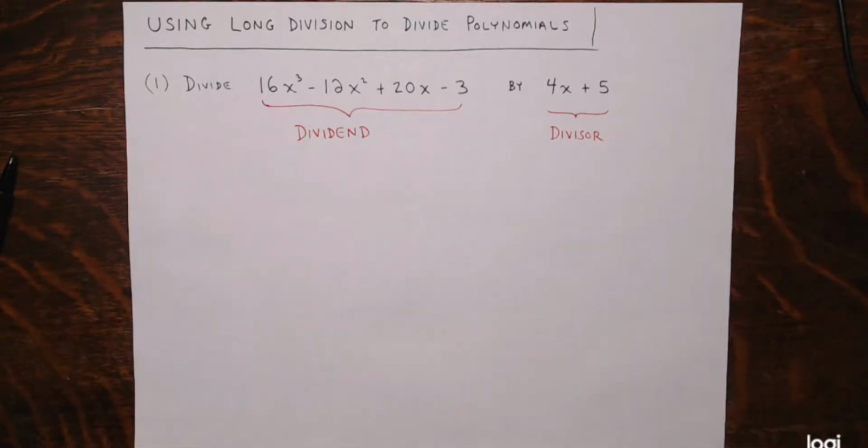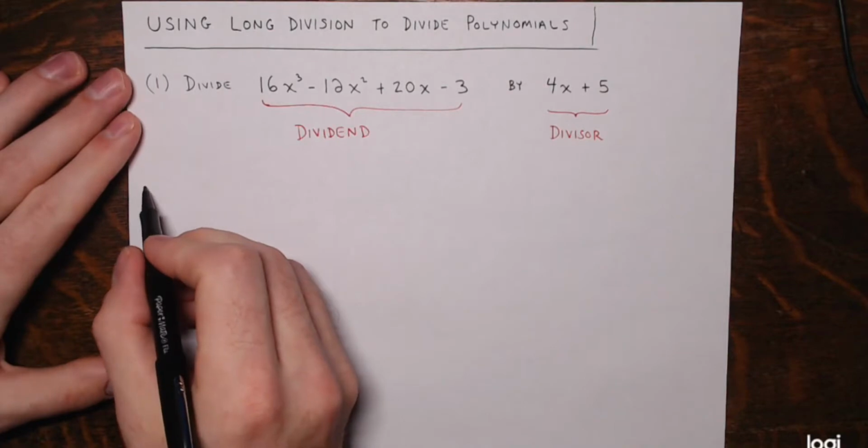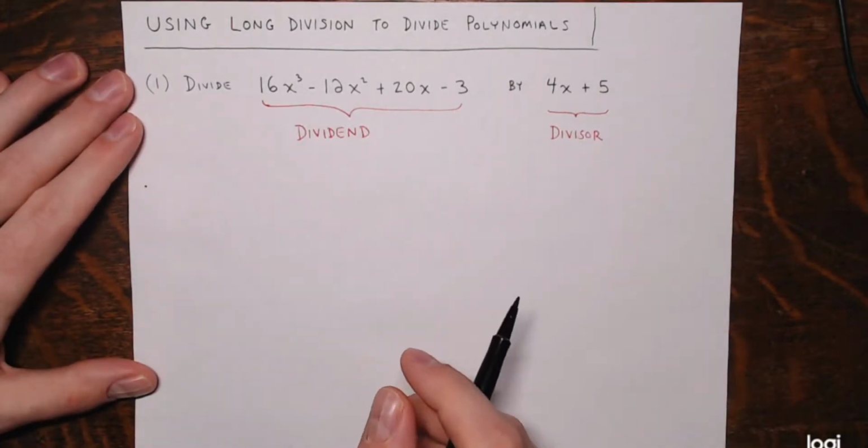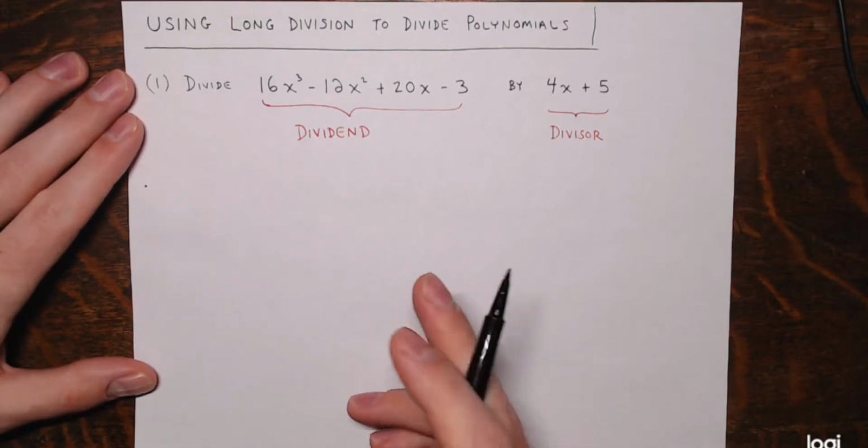Now, an alternate way to write this is as a fraction. Whenever you see a fraction, that's really just another way to express division.